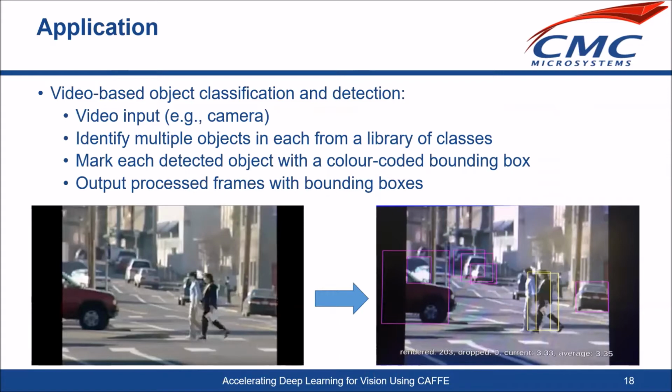In terms of our application, we're demonstrating video-based object classification and detection. We'll take a frame from an incoming video stream, such as a camera, identify multiple objects in the scene based on the training data set, and mark each object with a color-coded bounding box which encloses the object.